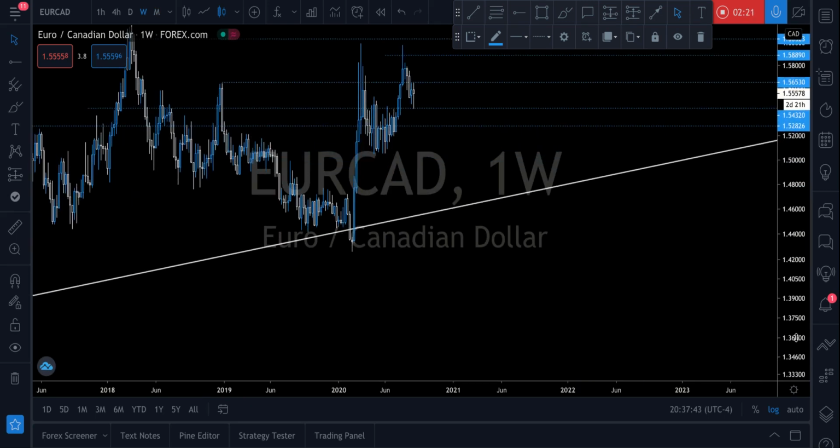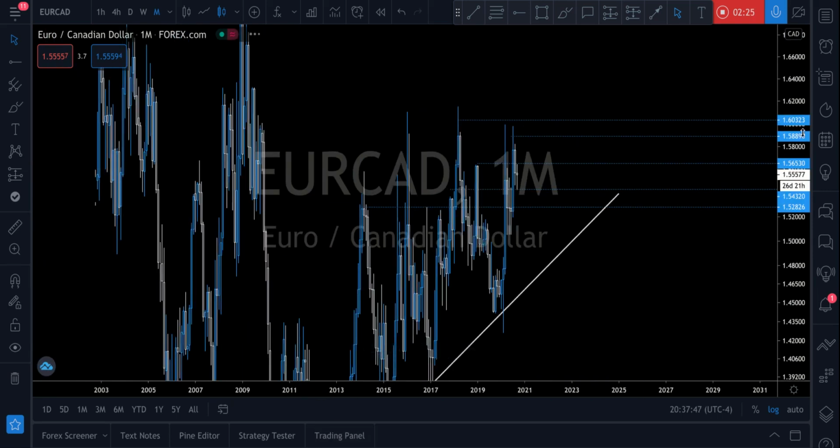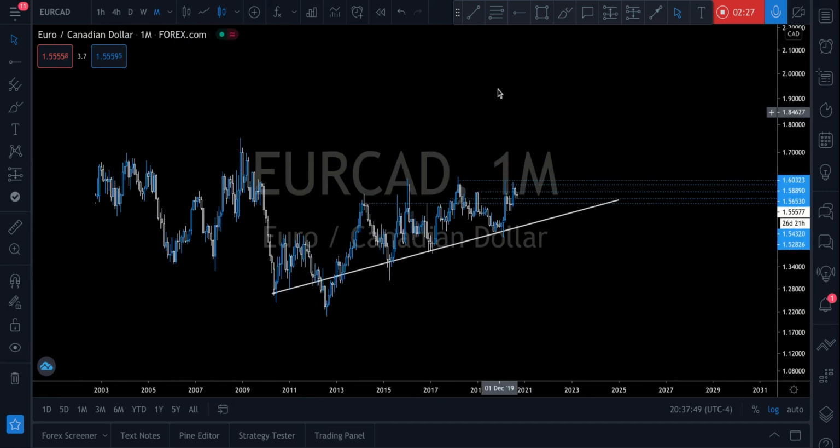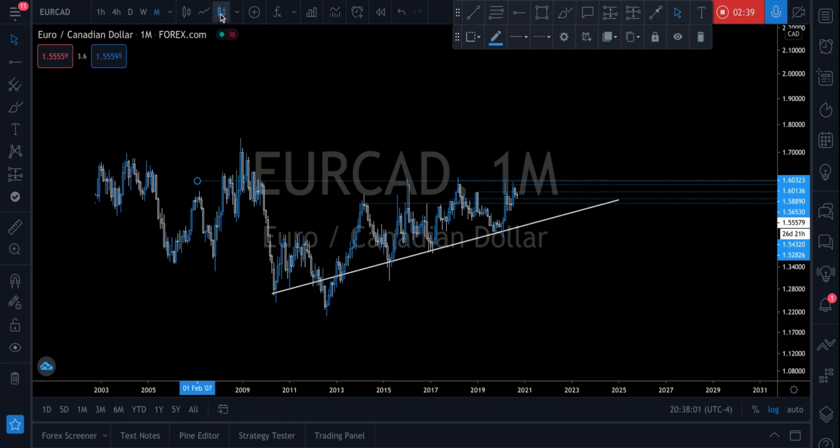We do have an ascending trend line and significant structural zones right here. Actually, let's go back real quick and see if we could identify anything more concrete coming back over here. A lot of noise.